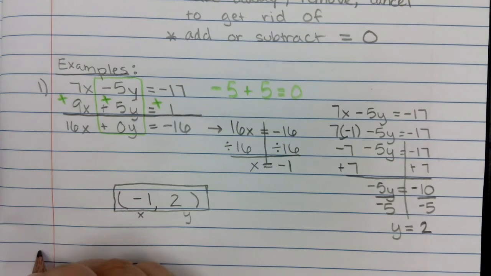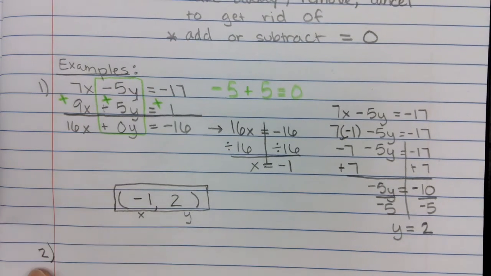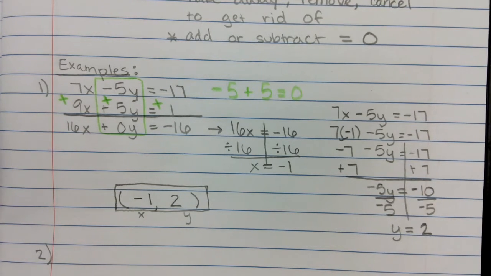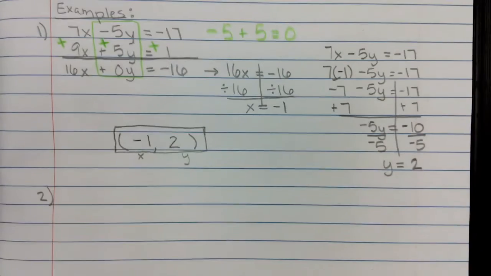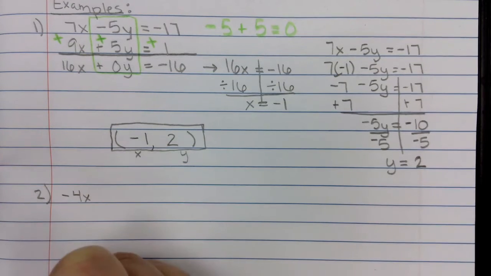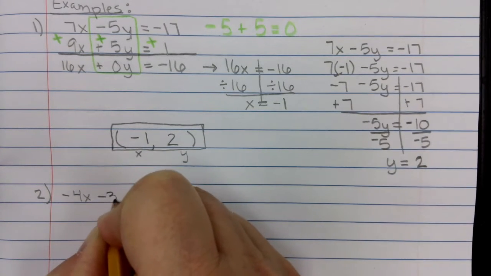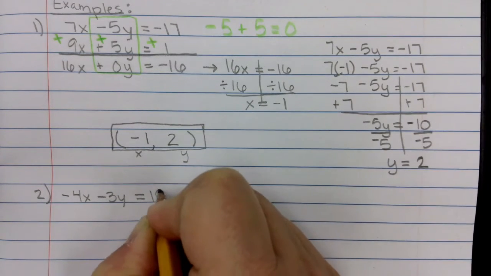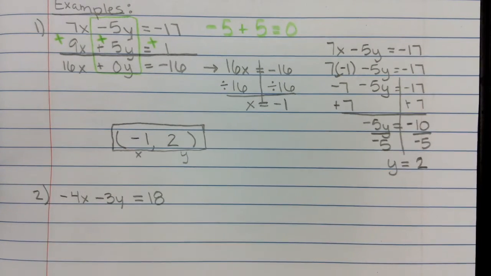We have negative 4x minus 3y equals 18. And we have negative 4x minus 4y equals 16.